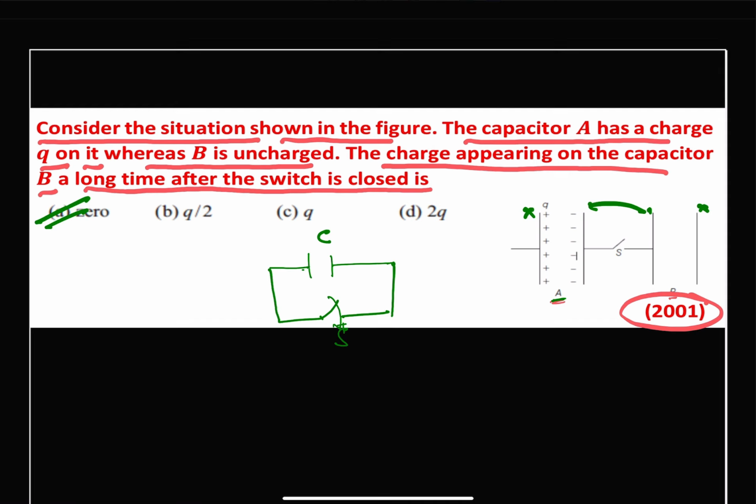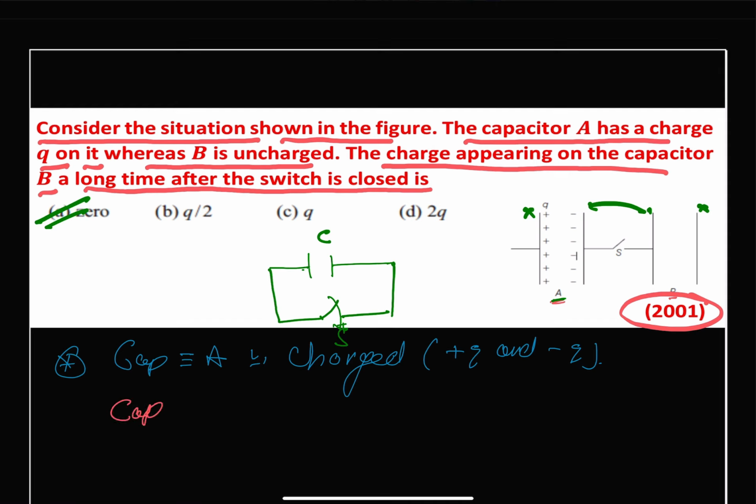So we can just write the explanation. We are given that we have a capacitor A, and this capacitor A is charged, and it is having a charge of plus Q and minus Q respectively on the plates. And we have our capacitor B, and this capacitor B is uncharged.